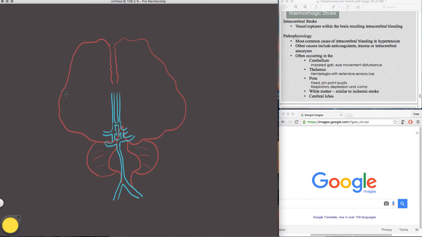So we may see stroke occurring in the cerebral lobes. If we're looking at our cerebral lobes, again, we're looking at areas like our motor cortex or our auditory cortex, basically the defined lobular areas of our brain. Say this is our middle meningeal artery coming off, and it supplies the right side of our brain.